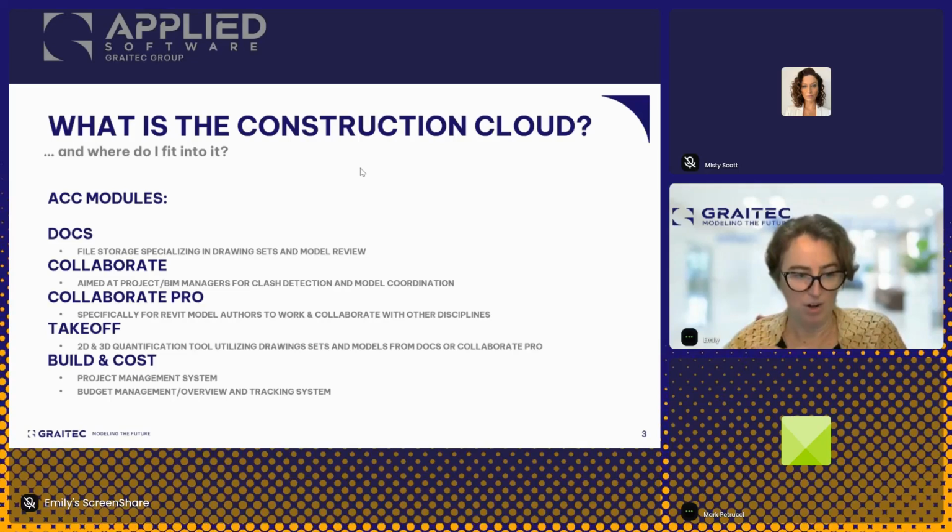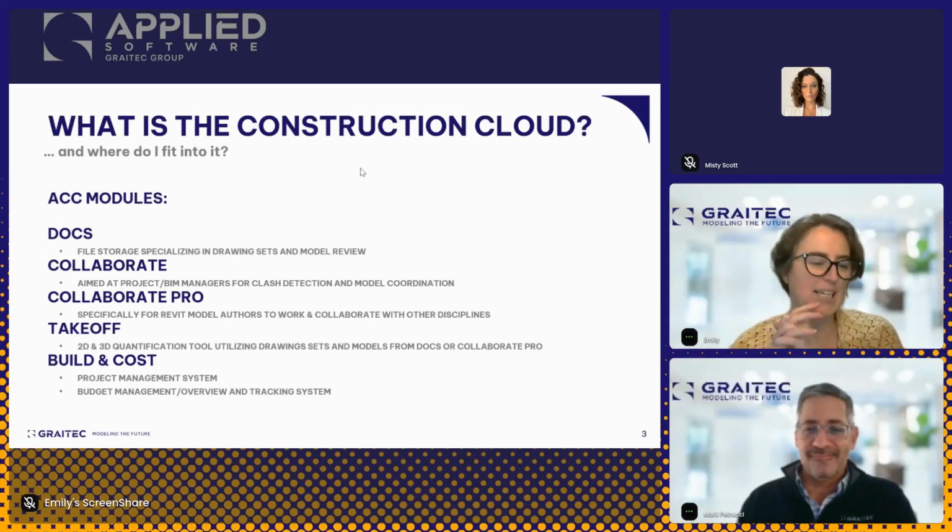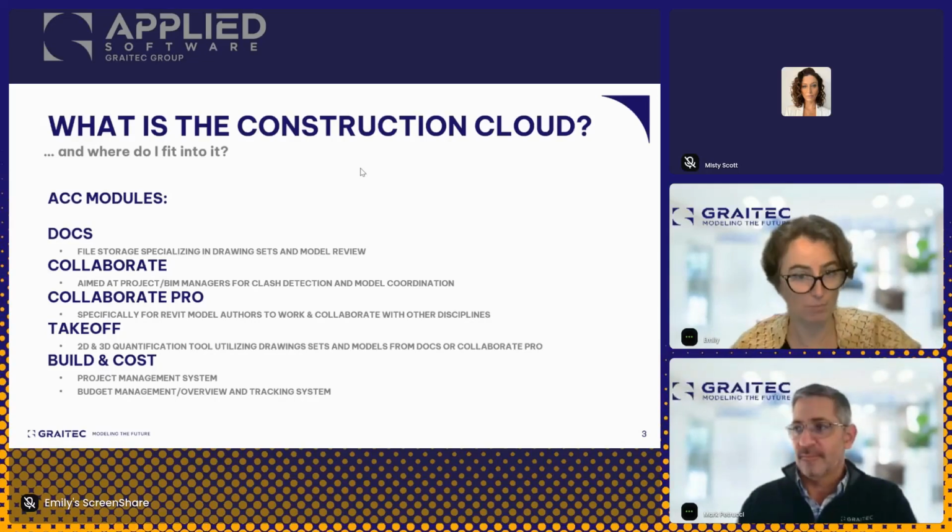And then we have Build and Cost. Cost is what I'm going to be focusing on here. Mark Petrucci is on the line with us. He's got a bit of Build information that he's going to throw in wherever I need it. Generally, Build is a project management system, and Cost comes with Build. It's one module that you would buy, but it feels like two.